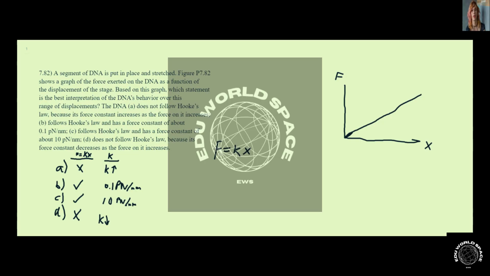We have a straight line. The slope at each of these points is going to be the same because it's a line. So it definitely cannot be answer A or answer D because it does follow Hooke's law.